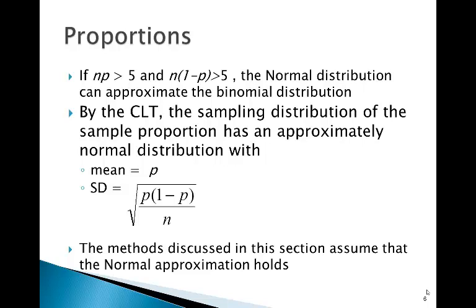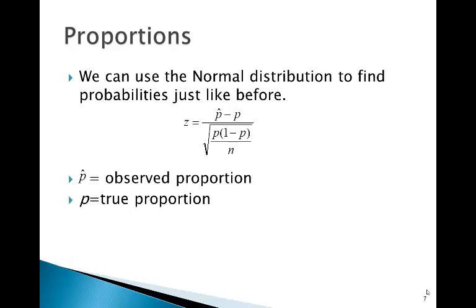So since we know that the sample proportion has an approximately normal distribution, all of the things we discussed about finding probabilities and p-values in this section of the normal distribution apply here as well. To find probabilities for proportions, we use a similar formula to what we've seen before.